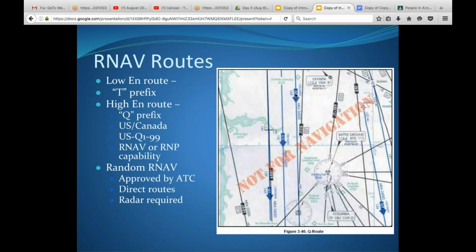But if you're on this Q route, there's nothing you can really dial into. You have to have RNAV capabilities in your plane, and you would have to have a GPS. And if your RNAV capabilities went out, there's no way you can find this Q route.